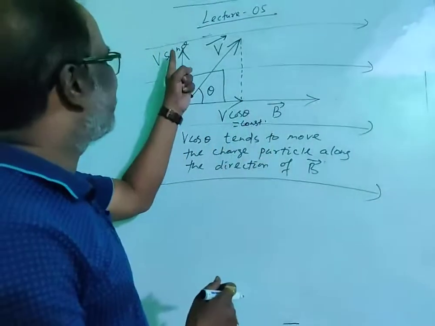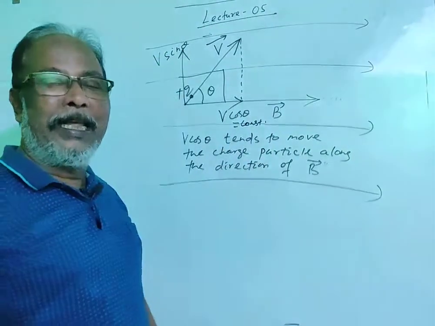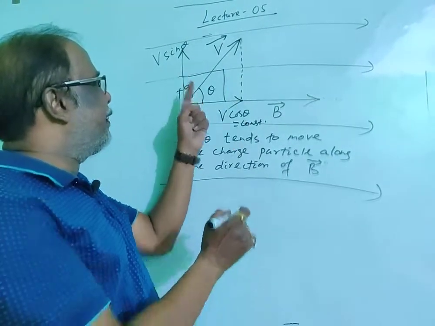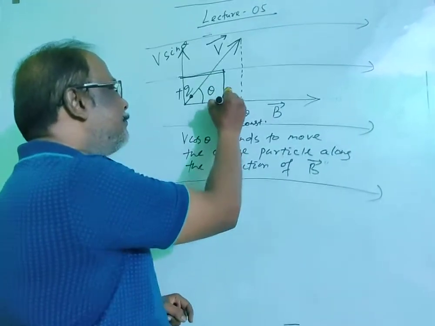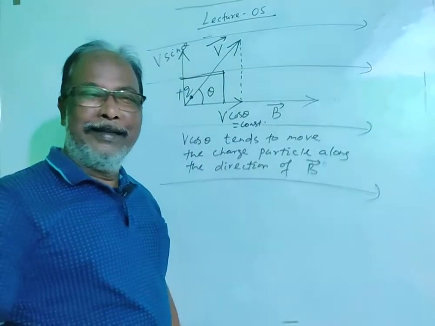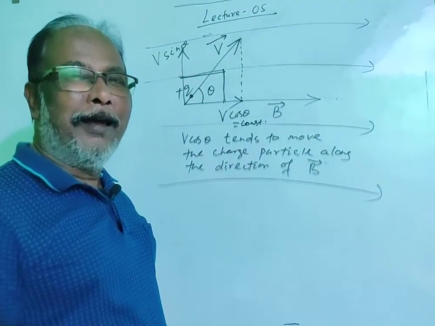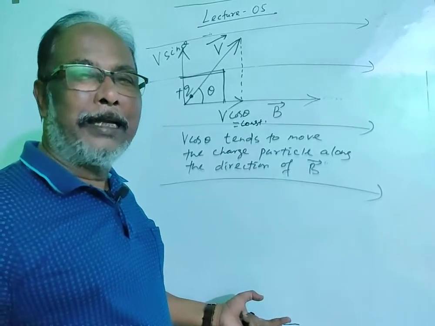Then about the other component of velocity, v sin theta. v sin theta is perpendicular to magnetic field, as we have discussed. If a charged particle moves perpendicular to the direction of magnetic field, then force is maximum.